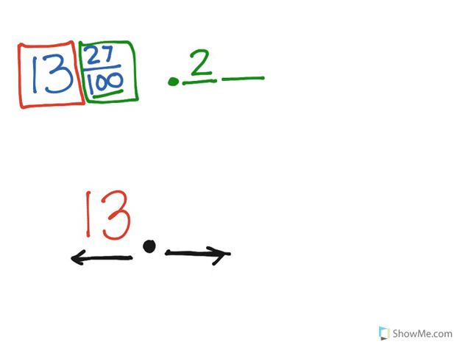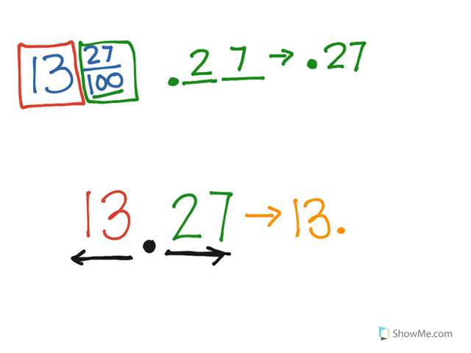I put on my 2 and my 7, making sure each one has a spot on one of the lines, which means my decimal for 27 hundredths is this decimal point 27. So I'm going to put the 27 behind it. So I now have my new decimal of 13 and 27 hundredths.